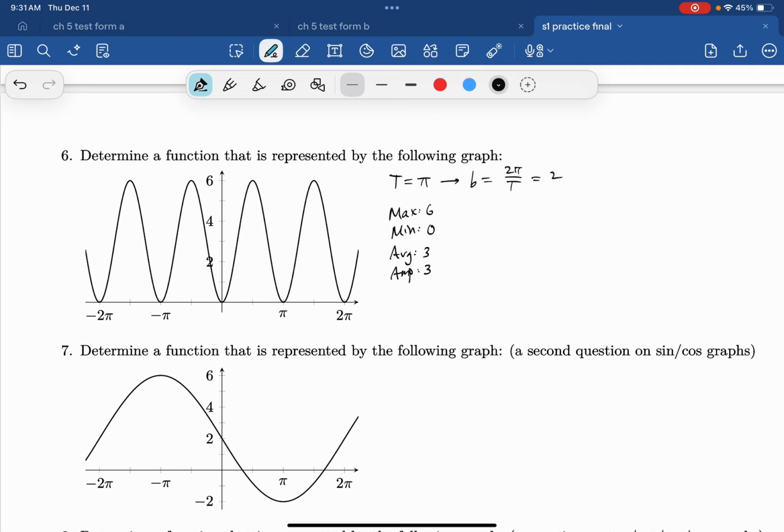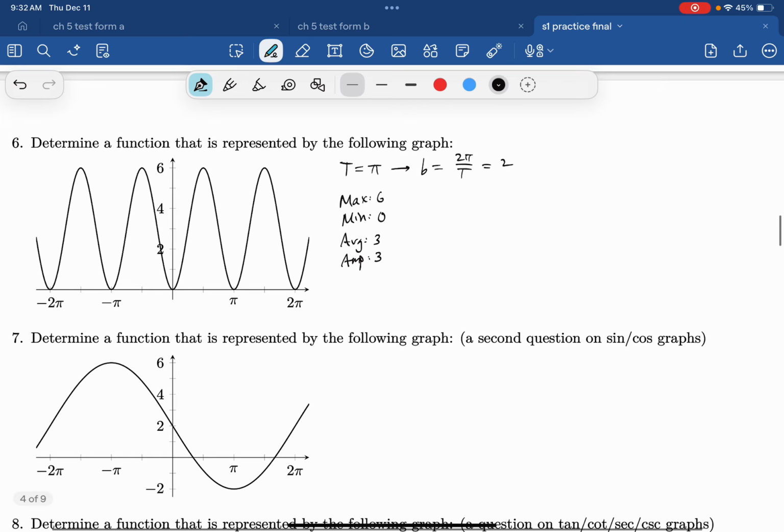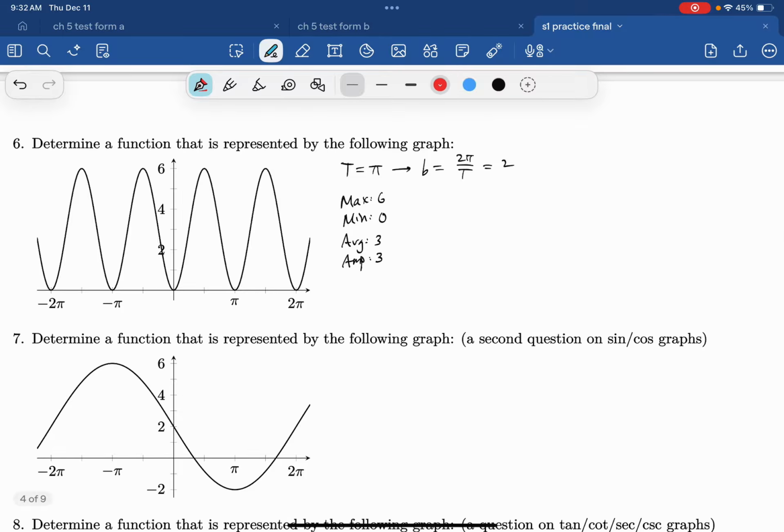Now we're going to think about whether this is a sine graph or a negative sine graph or a cosine graph or a negative cosine graph, right? So you might want to jog your memory a little bit. Sine always goes through the origin with a positive slope. So that's sine.